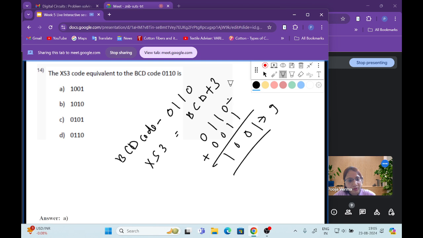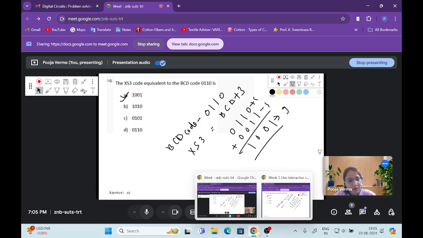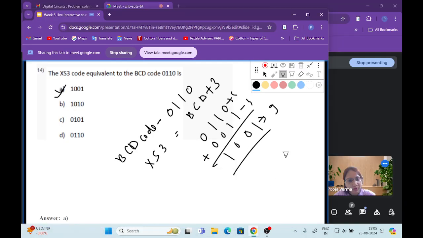It is 6, plus 3. Option A is the correct answer. We have to add 3 to a BCD code in order to get the XS3 code.